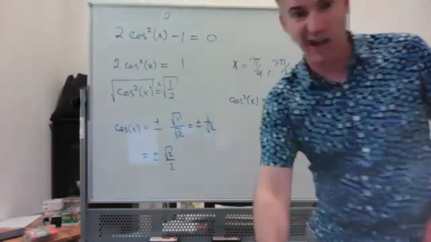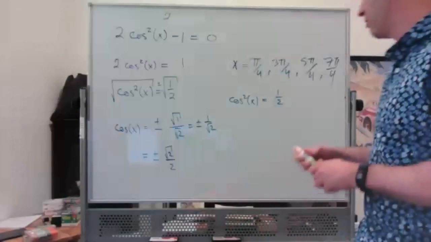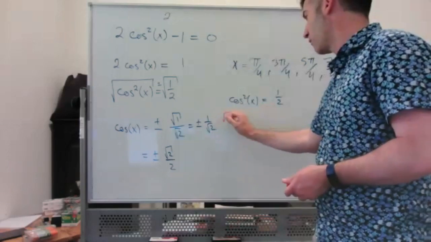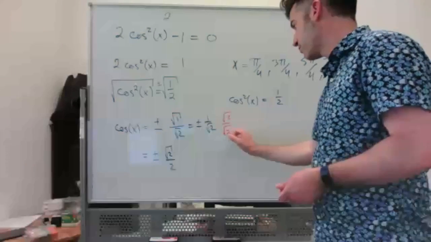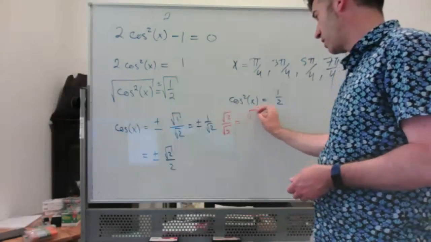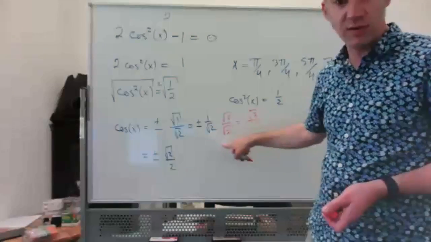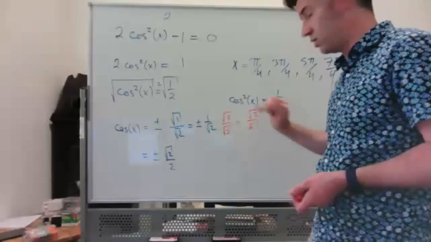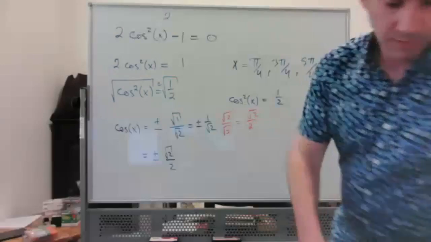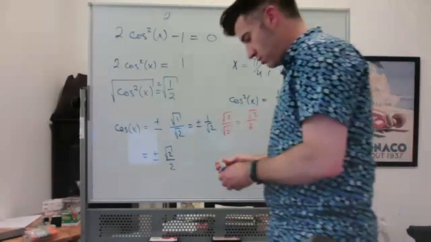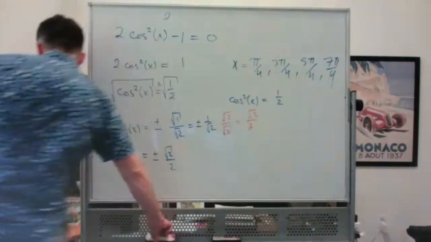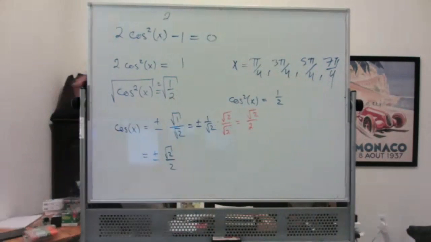Sure. I took 1 over root 2 and I rationalized it. I multiplied it by the square root of 2 over the square root of 2. And that's going to be the square root of 2 times 1. And the square root of 2 times the square root of 2 is just 2. Got more examples to do.